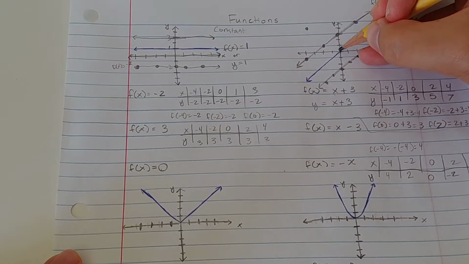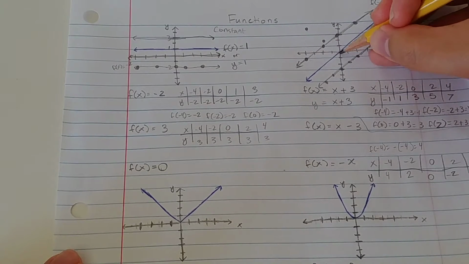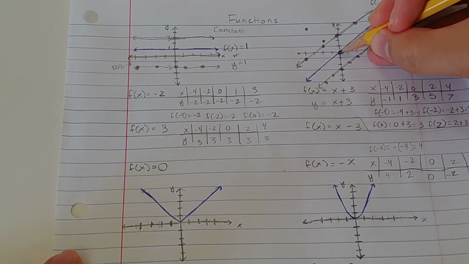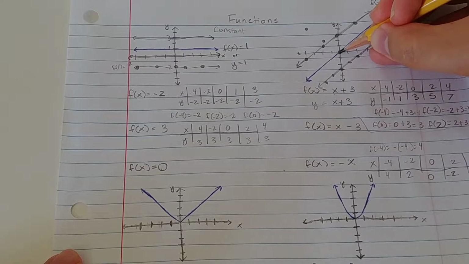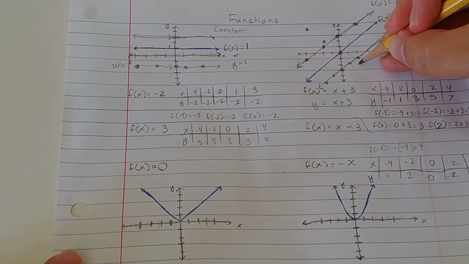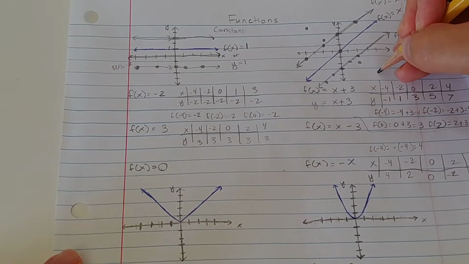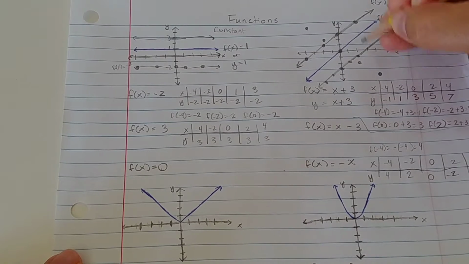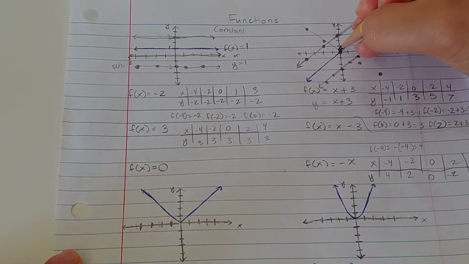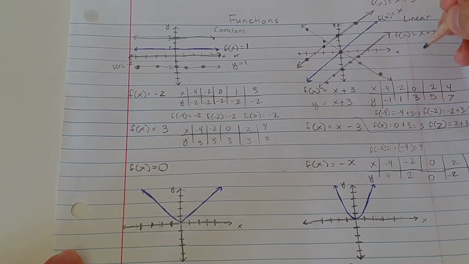And negative 2, go to the left 2, up 2. And 0, comma 0. Then 2, comma negative 2, go to the right 2, down 2, and 4, comma negative 4, go to the right 4, down 4. Ta-da! Look at that. And I'll show you guys how to graph these on Desmos later.